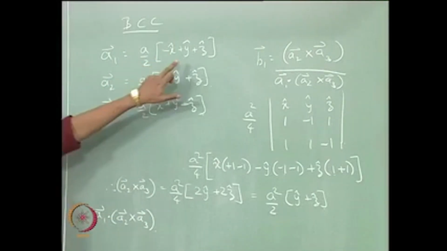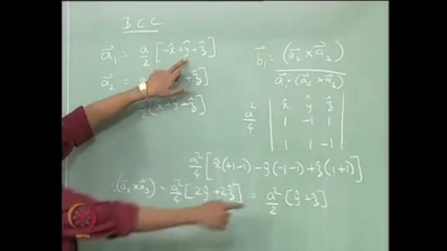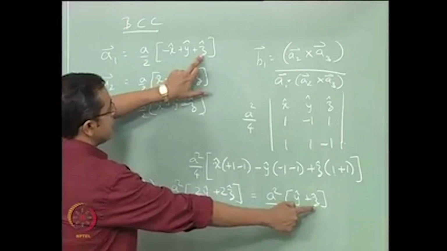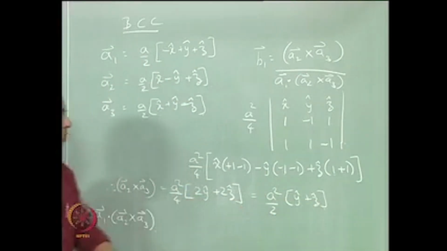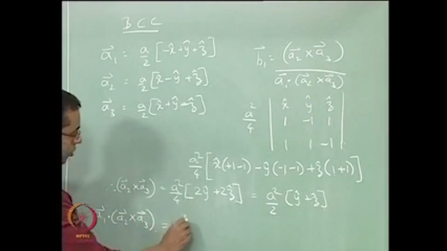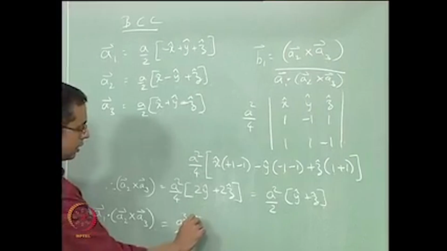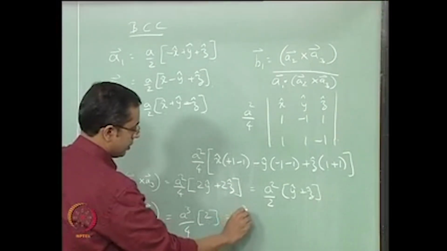There is a y component and a z component. So y dot y will be 1 plus 1, z dot z will be plus 1, so we simply will get plus 2, and a by 2 into a square by 2 will become a cube by 4. So this is a cube by 4 times 2, so this is a cube by 2.